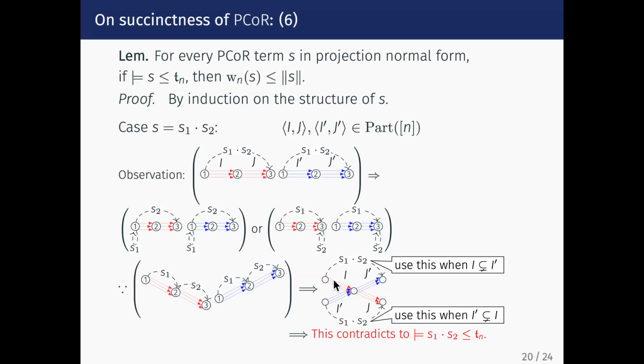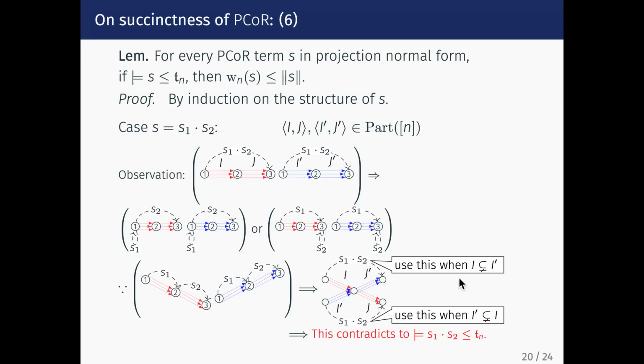When I prime is greater than I, then this path contradicts this inequality because I union J prime is directly a subset of N. And in the same way, when I is strictly greater than I prime, then this path contradicts this inequality.